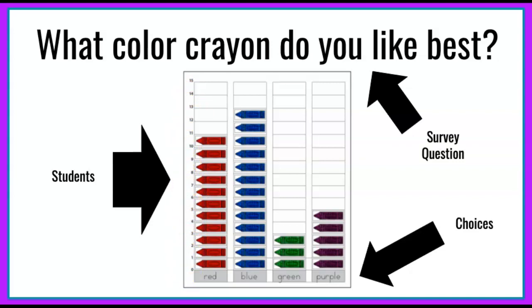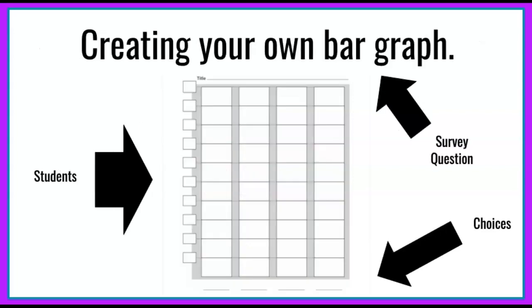So that's what your graph is going to kind of look like tomorrow, but you'll be using something that looks like this to create your own bar graph from your survey. So you'll use this blank graph to create your bar graph because you already created the question. So you'll turn your survey question into the title. You'll mark how many students voted on the left-hand side, and you'll use your choices on the bottom.